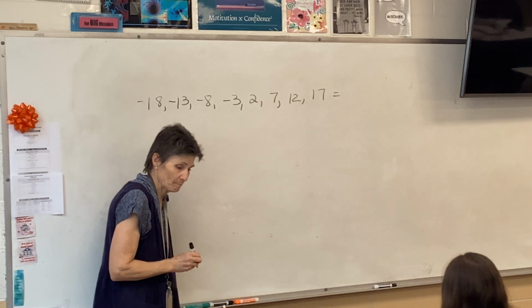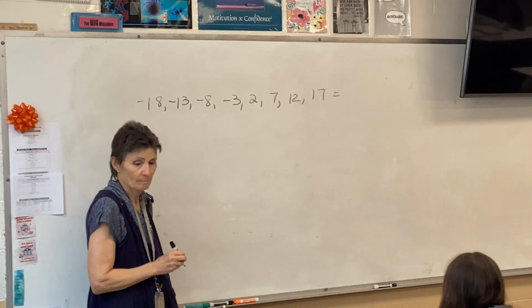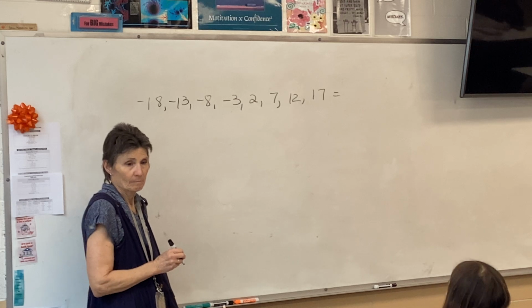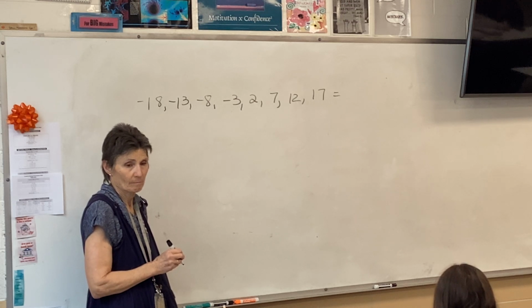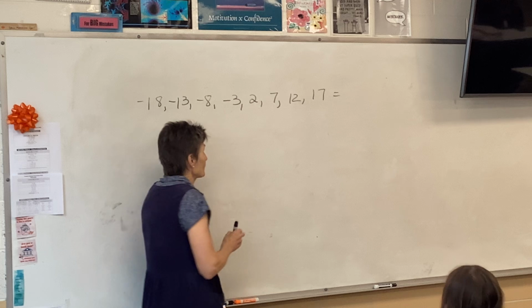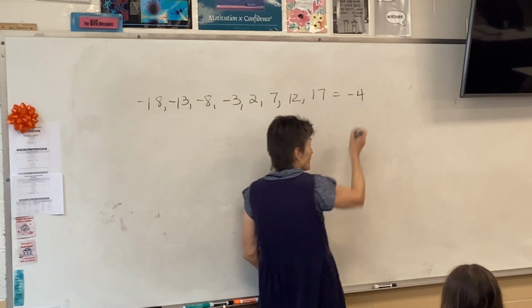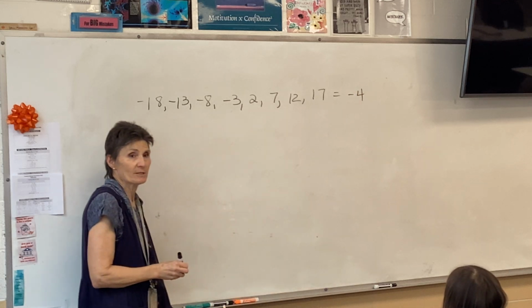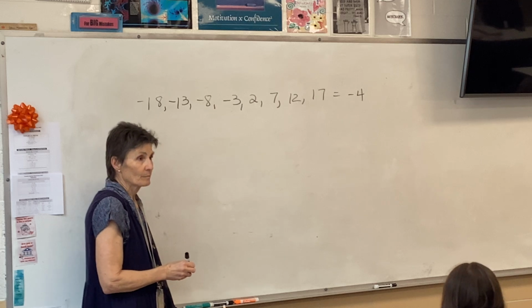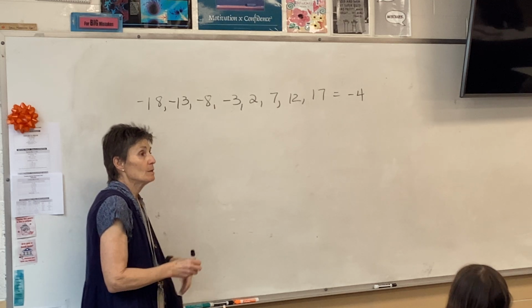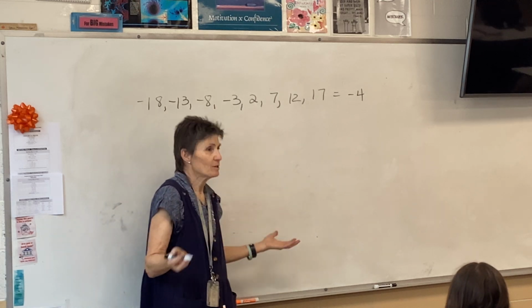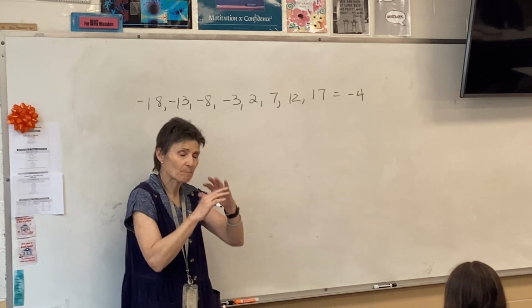You're adding them up. I got a -4 as one answer. Anybody else get -4? Perfect. Now, kids, you can do that, right? I mean, every time, that is perfectly acceptable.